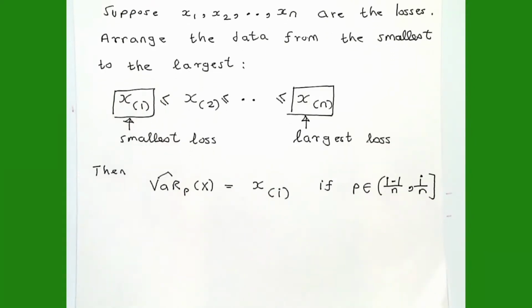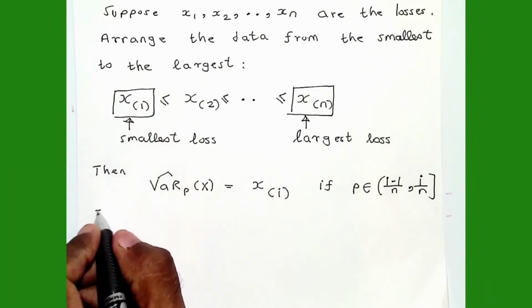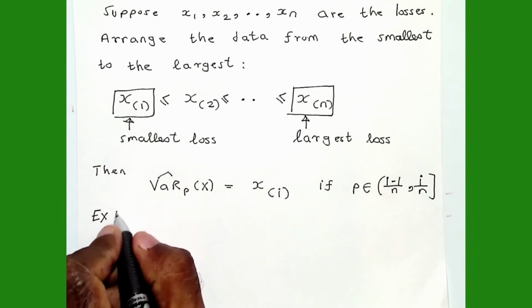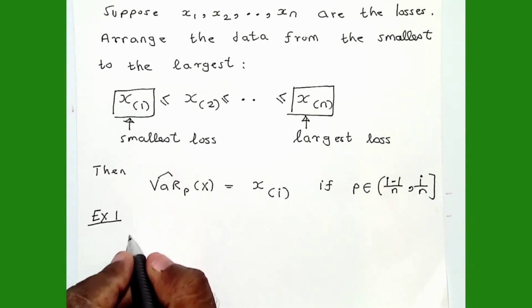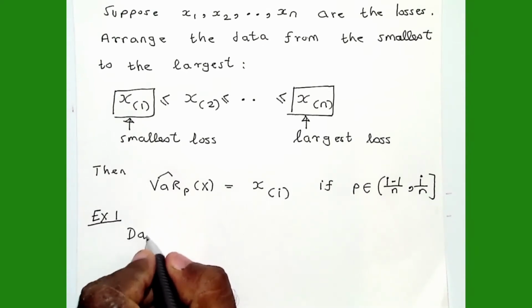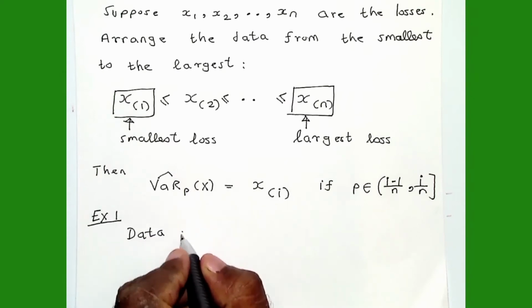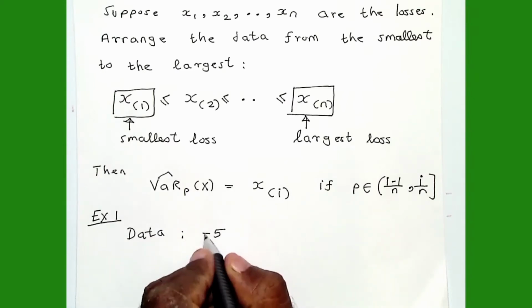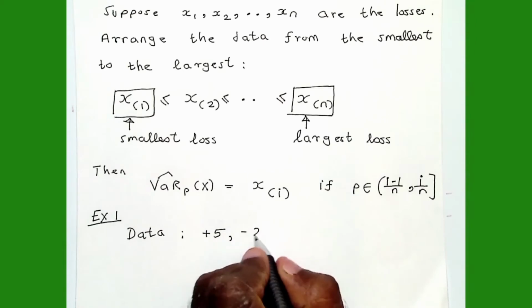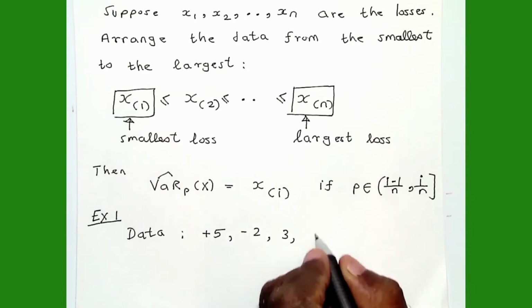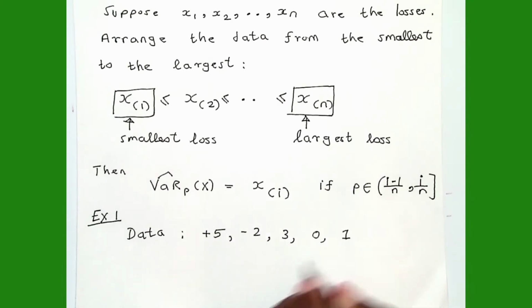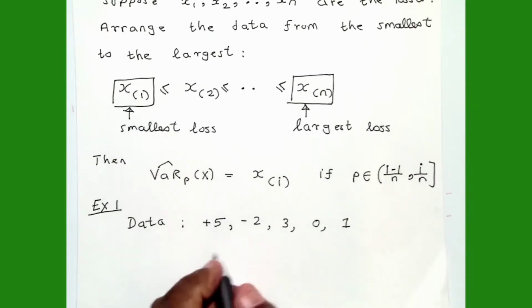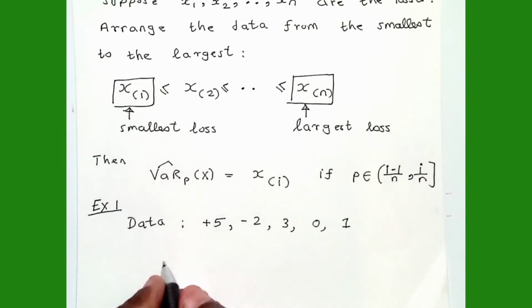Let me just do one example. Example 1. Now suppose the data are as follows: plus 5, minus 2, 3, 0, 1. These are just numbers I took randomly.